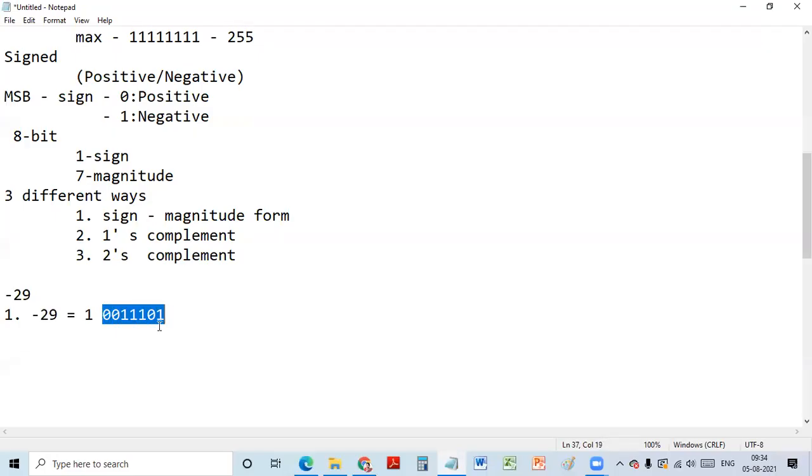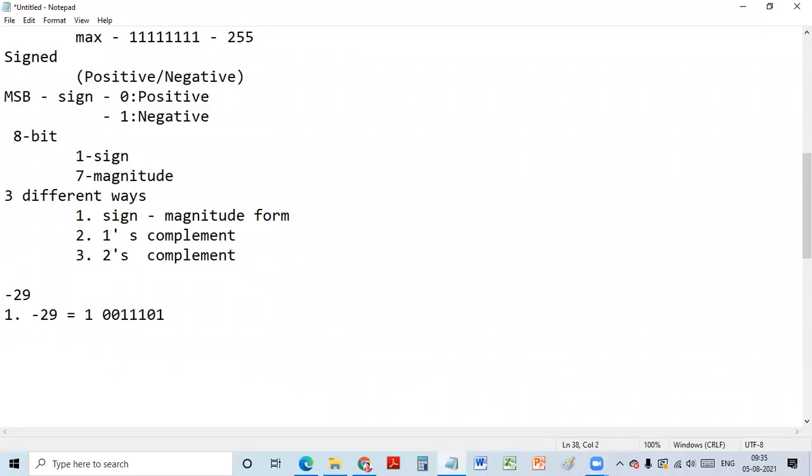If you apply powers of 2 to the magnitude, I'll get 29, and since my sign bit is 1, the number is minus.